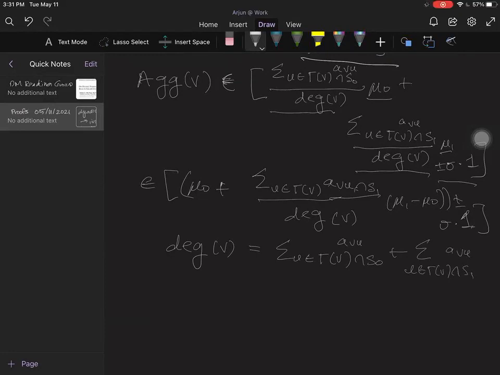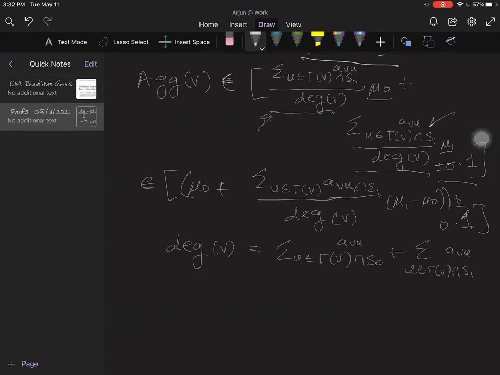So all the weights of all the links that are going to the S0 sensitive group, plus the weights of all the links that are going to the S1 sensitive group. So if we sum up all of those, we get the degree of our vertex V, which means that this term and this term, they sum up to 1.